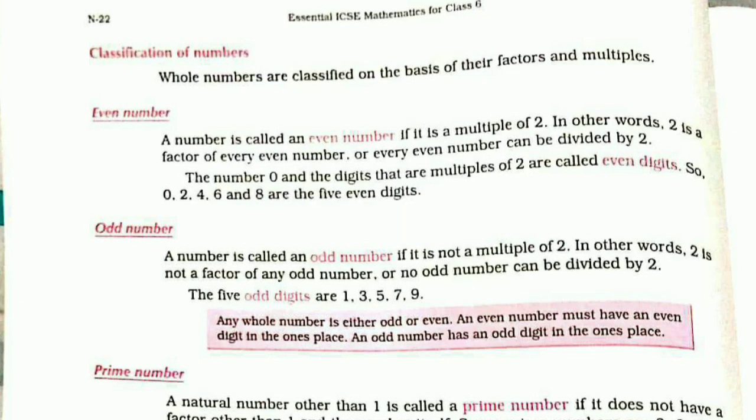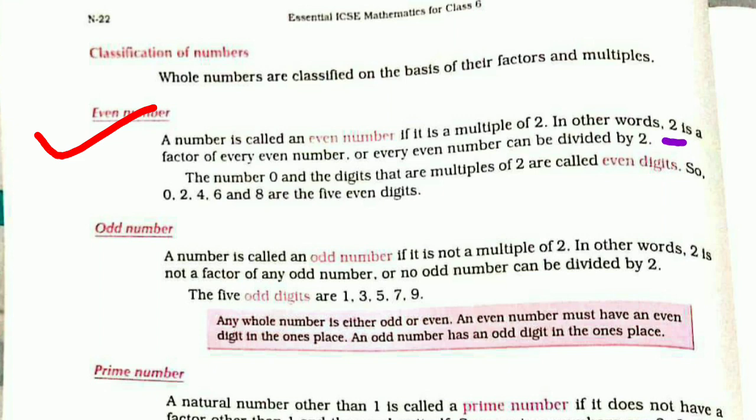Now we are moving to the classification of numbers. Whole numbers are classified on the basis of their factors and multiples. The first heading is even numbers. Now what are even numbers? A number is called an even number if it is a multiple of 2. In other words, a number which is divisible by 2 and generates a remainder of 0 is called an even number.